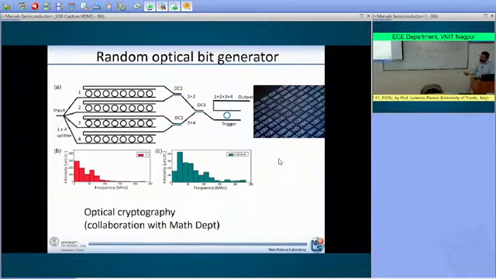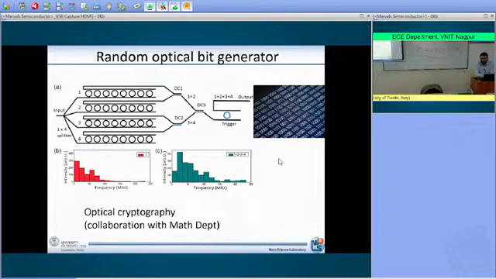And what you observe here is a quite chaotic generation of random numbers with very good randomness, at a rate of 50 million random bits per second, and those bits are directly generated in the optical domain.